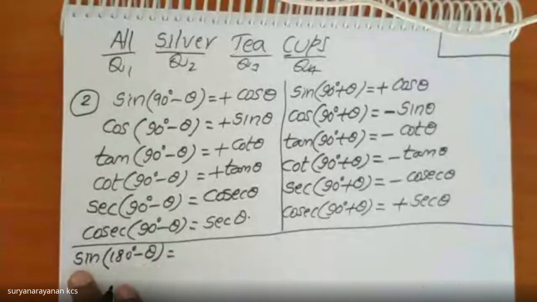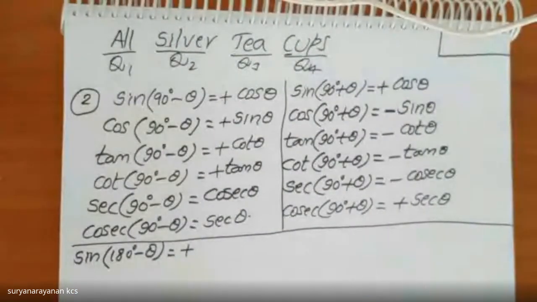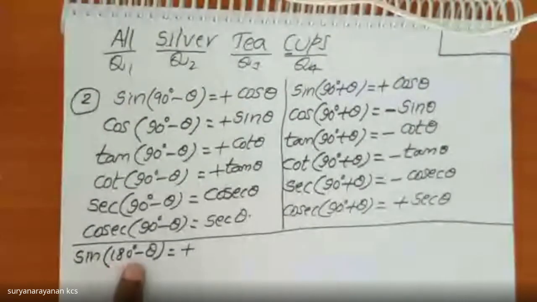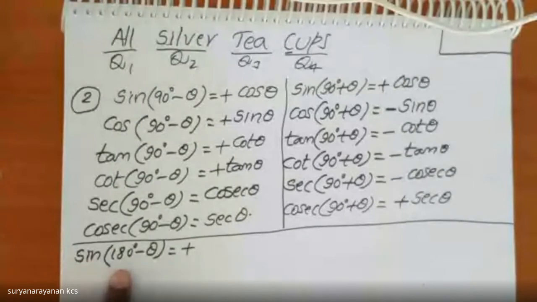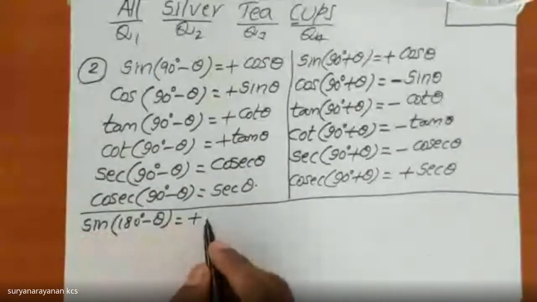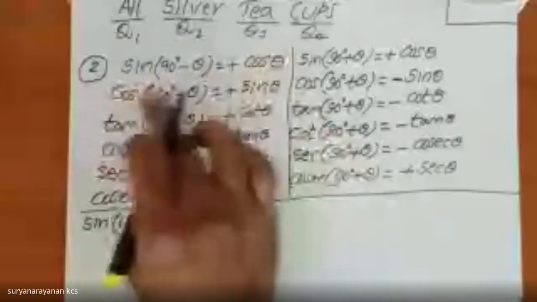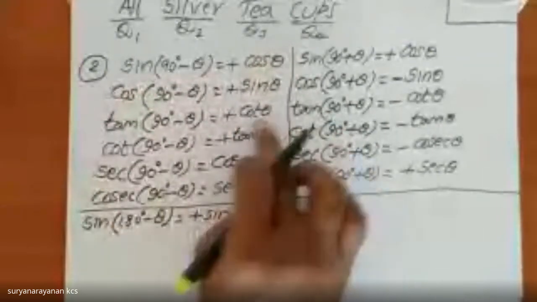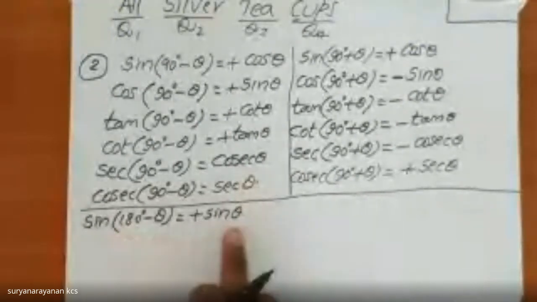In the second quadrant, sine is positive. And another rule: if an angle is written as a combination of 180 degrees, the trigonometric function does not change. So we write it as it is, sine theta. But previously, we changed sine to cos, cos to sine, tan to cot, cot to tan. Yes or no? But here we have not changed the trigonometric function.